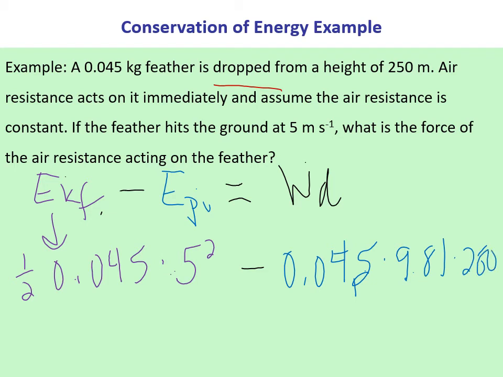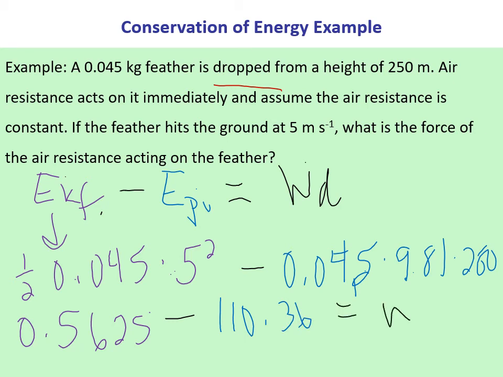Let's calculate. So this final kinetic energy, I get 0.5625 joules minus the initial gravitational potential energy, which is 110.36 or so joules, and we set that equal to work done by drag.